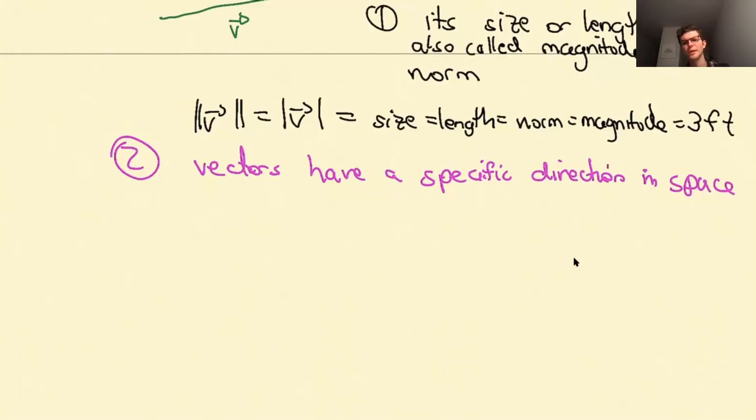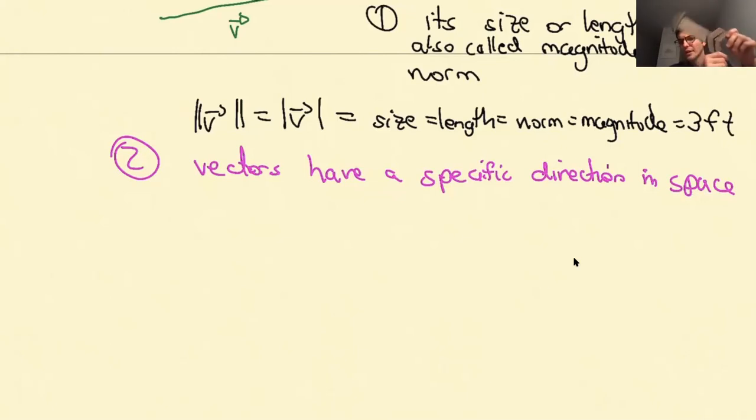So what do I mean by vectors having a specific direction? Again, here's a vector, right? You have this arrow. It has a size, but it's pointing towards my ceiling. Now I change its direction. Notice that I just rotated the vector, so I didn't change its size. But still, because I changed its direction, we're considering these two vectors to be different.